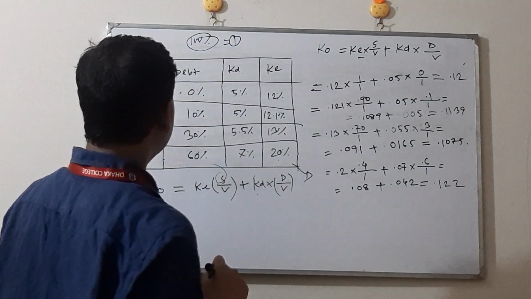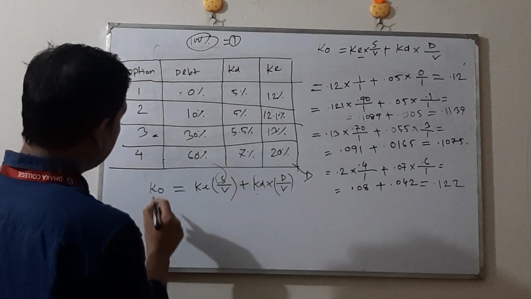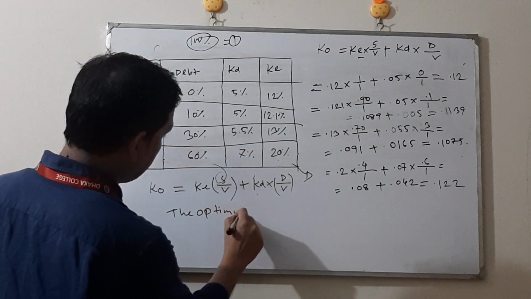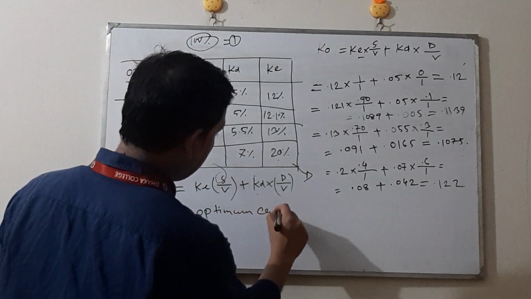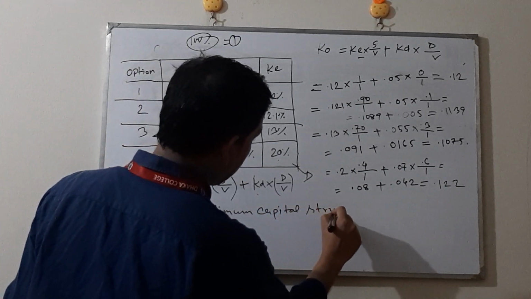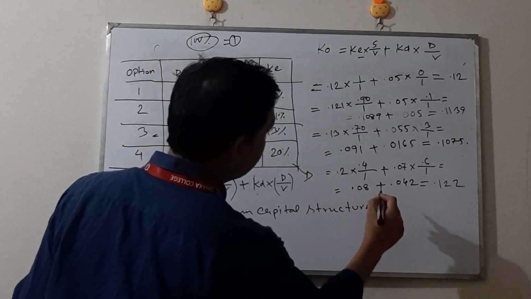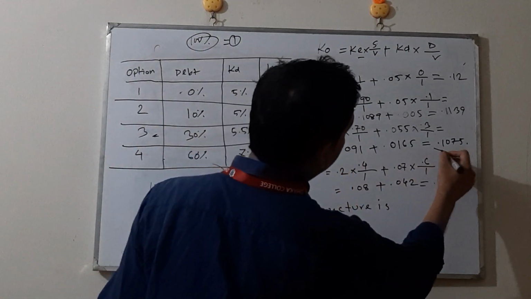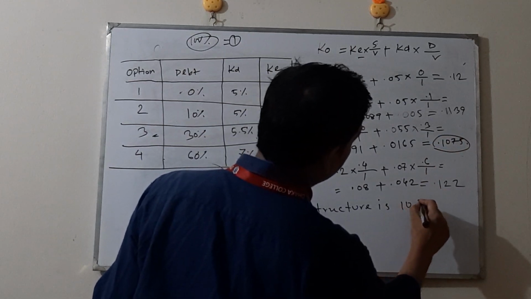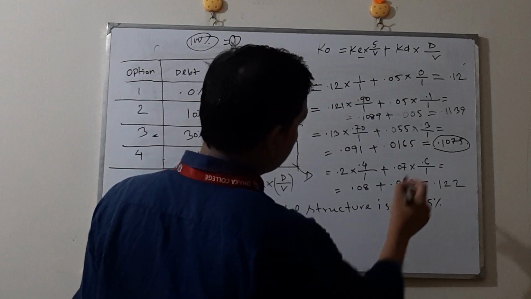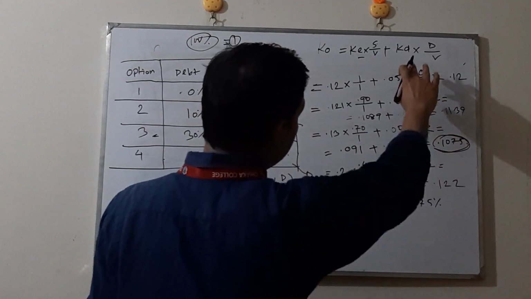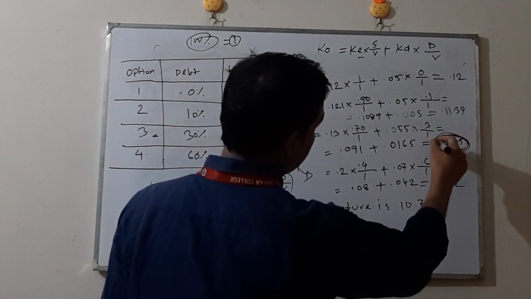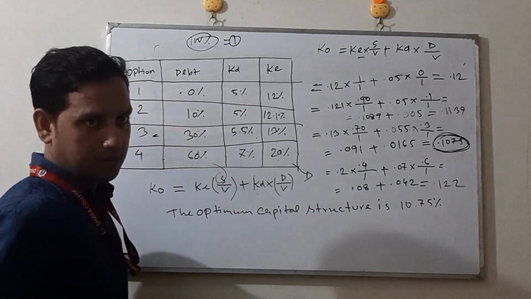So the optimum capital structure is option number 3, with 10.75%, because among the four options, the overall cost of capital of 10.75% is the lowest.